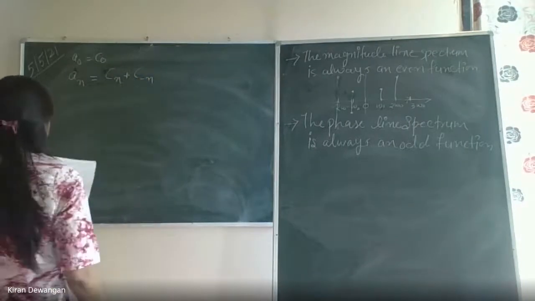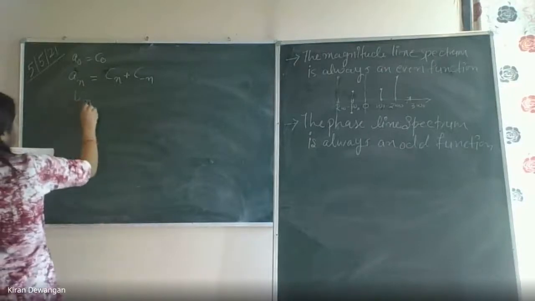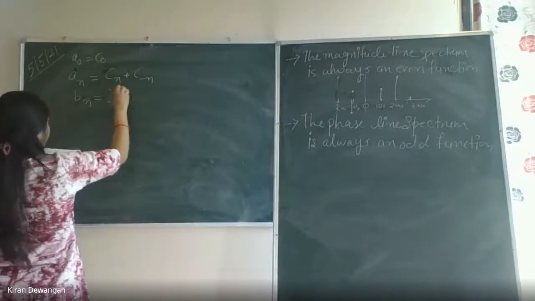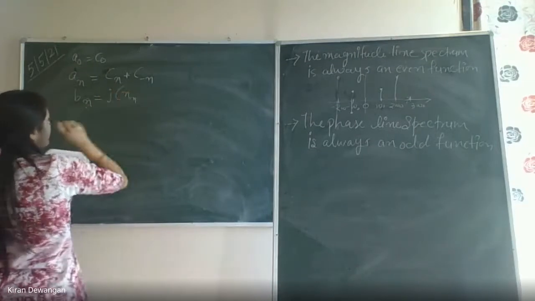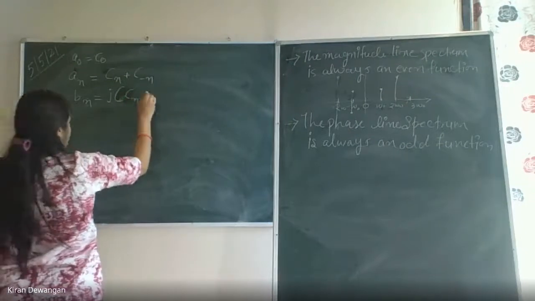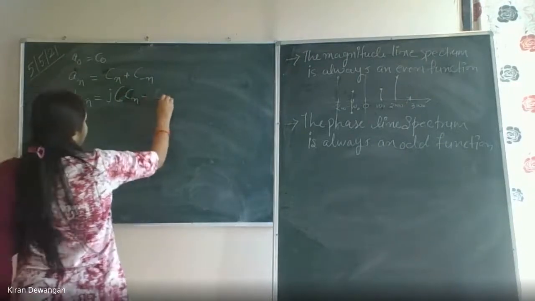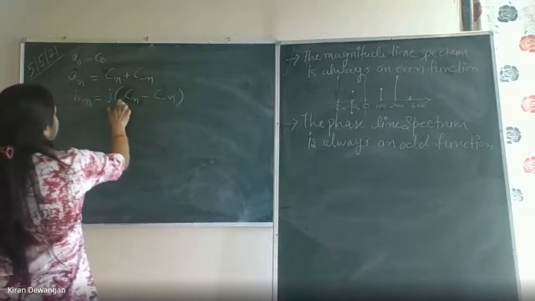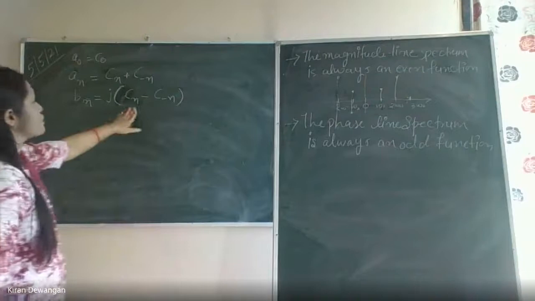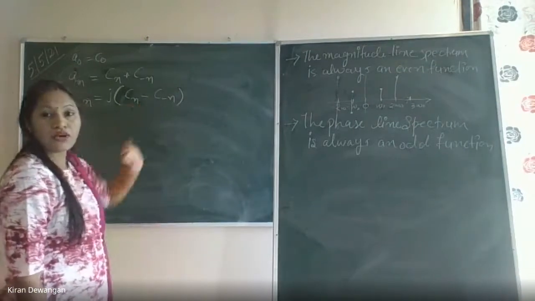These are the results. Similarly, b of n, it is j times c of n minus c of minus n. ठीक है. तो ये क्या हो जाएगा, j times c of n minus c of minus n.